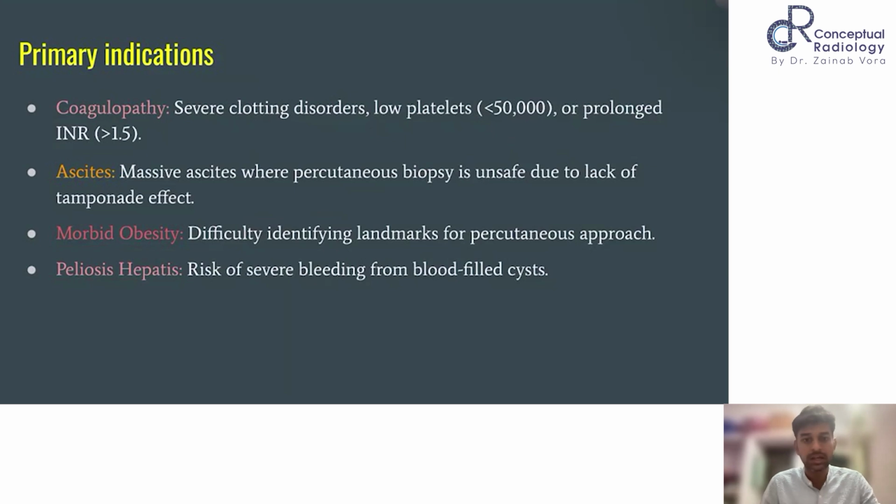I think if anyone had seen the last class, can you name what procedure we can do when the patient has deranged coagulation parameters? For example, PTINR is 1.8, platelets are normal, and no ascites, no obesity. So what can we do other than TJLB? Anyone? Yes, we can do plug assisted liver biopsy.